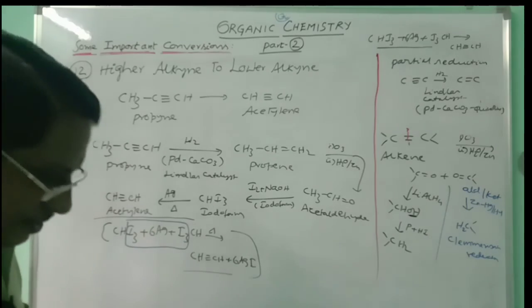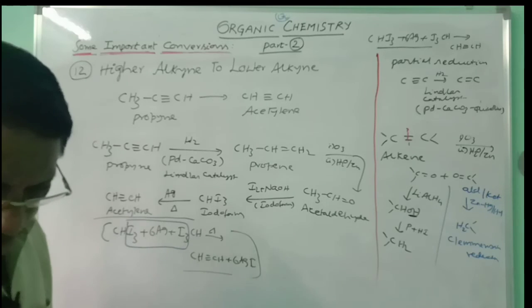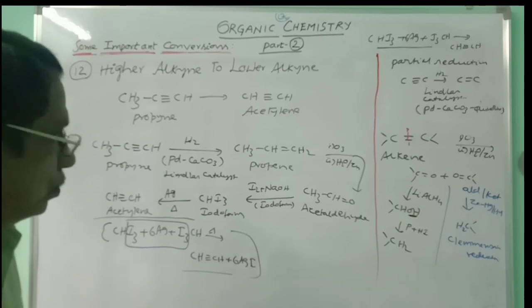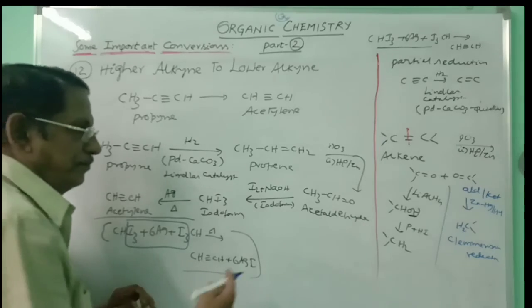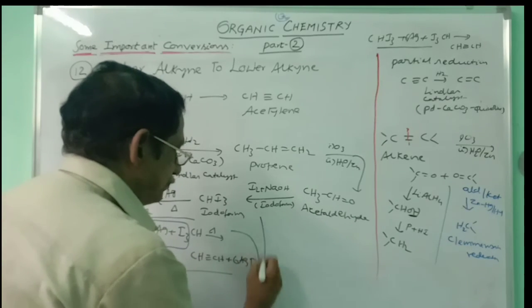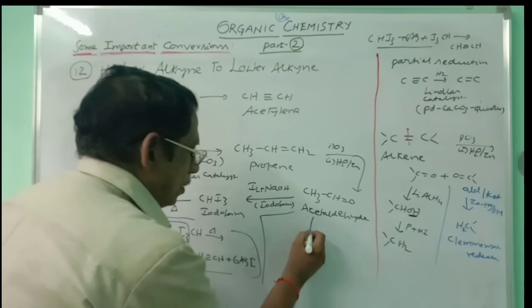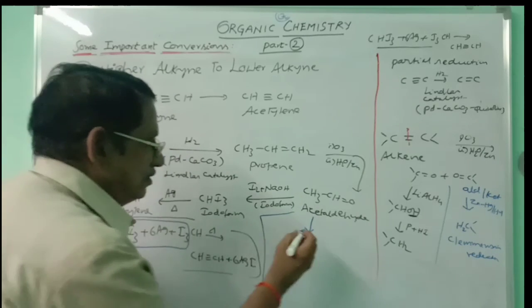Or on the other hand, if you want to convert acetaldehyde into acetylene, you can also select another way. What is that other way? It is treated with PCl5.